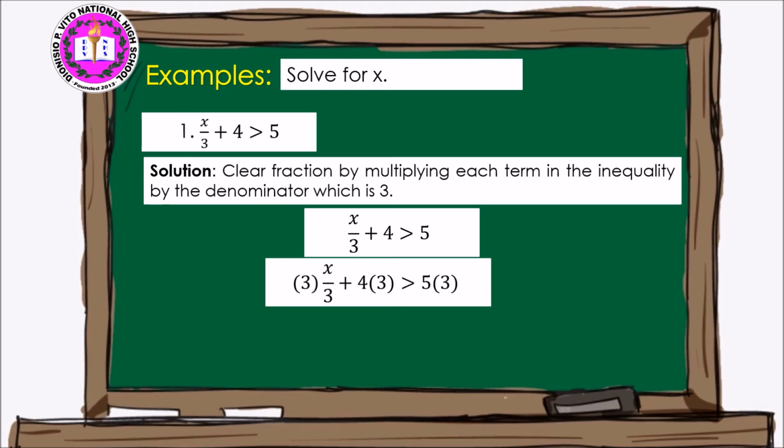So we have 3 times x over 3 is x plus 4 times 3 is positive 12, which is greater than 5 times 3, which is equal to positive 15. Therefore, our new inequality is x plus 12, which is greater than 15.